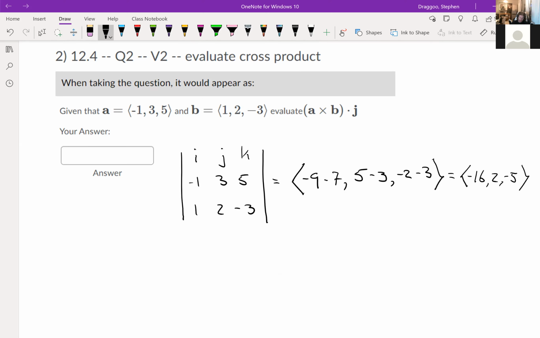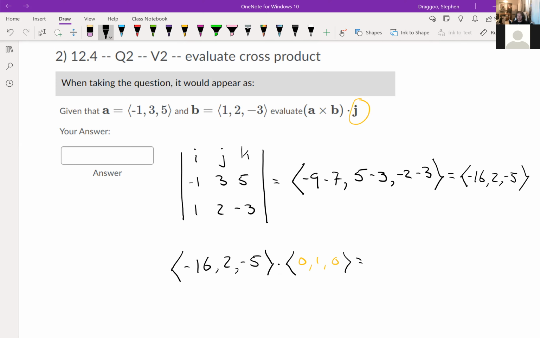Then in the end, I'm taking the dot product of this thing with j. Which is <-16, 2, -5>, dotted with <0, 1, 0>, the vector j.